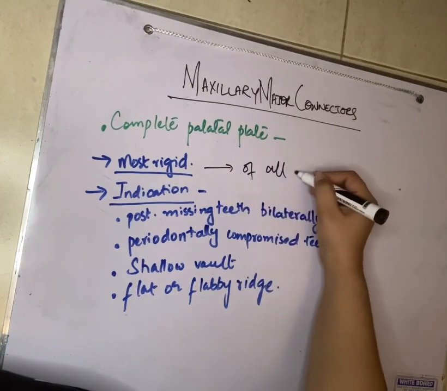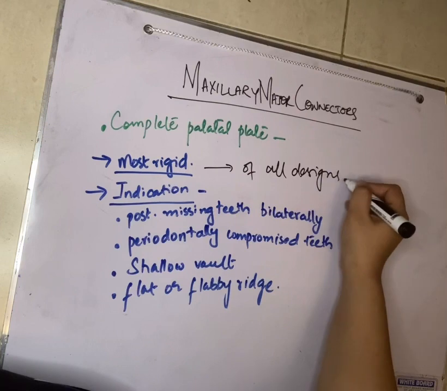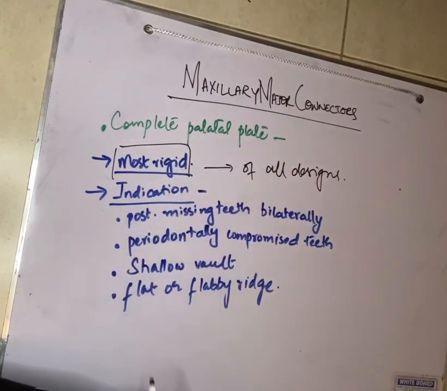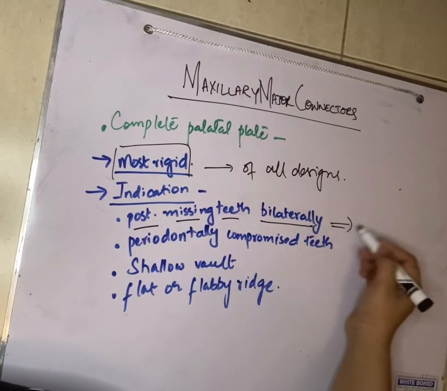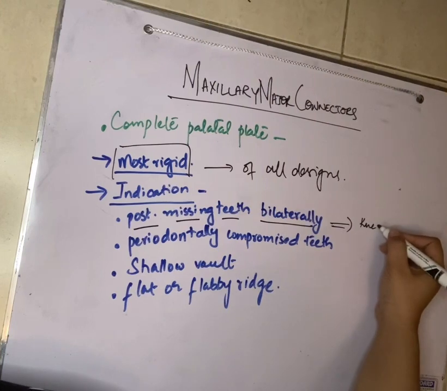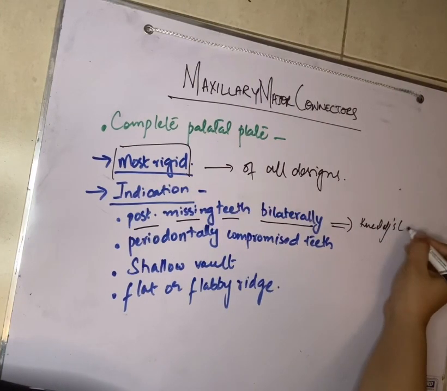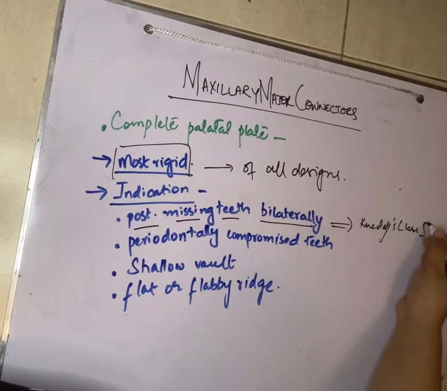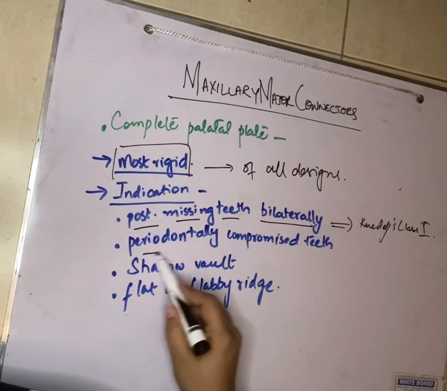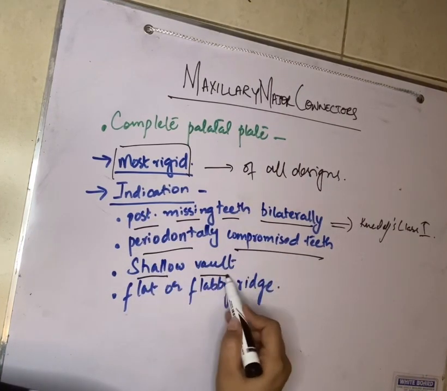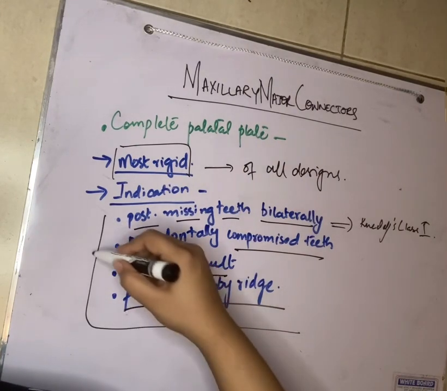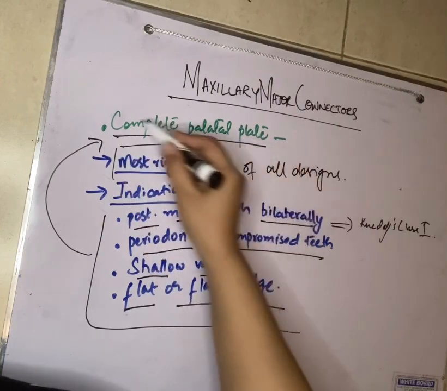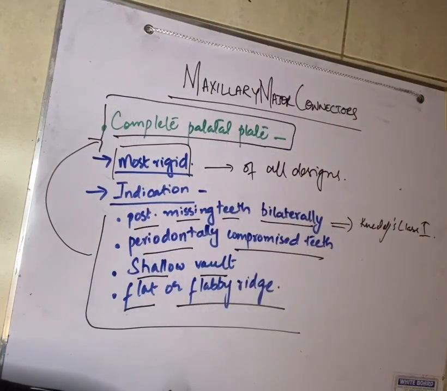The indications of this design are posterior missing teeth bilaterally, which we can say is Kennedy's class 1, in which teeth are bilaterally missing, periodontally compromised teeth, shallow vault, flat or flabby ridge. So these are the conditions in which the complete palatal plate is indicated, right?